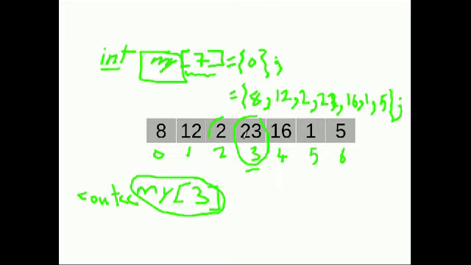So if I told you to find the largest number out of this using an algorithm, remember, a program is an algorithm, so we have to find an algorithm to find the largest number in an array. What would we do? We'll start comparing.